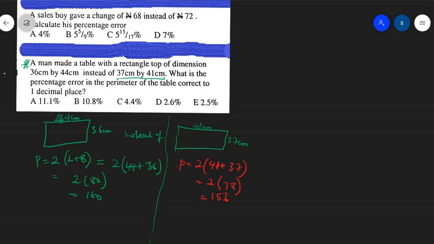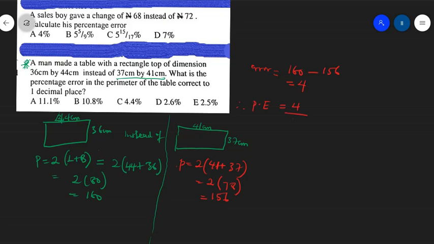Now the error is the difference between these two, that's 160 minus 156, the variation, which is 4. Now for percentage error, the error is 4 over the actual value, which is what he ought to make.